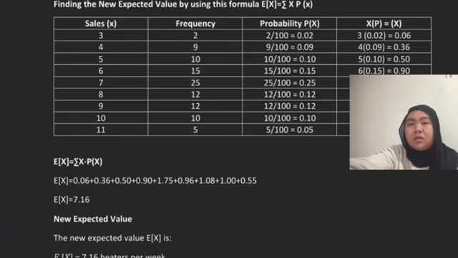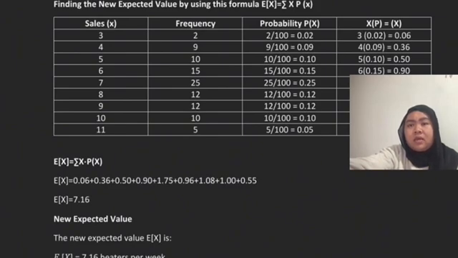Lastly, we calculated the expected value for weekly sales using the formula given by multiplying each sales value x by its probability P(x) and summing the results.